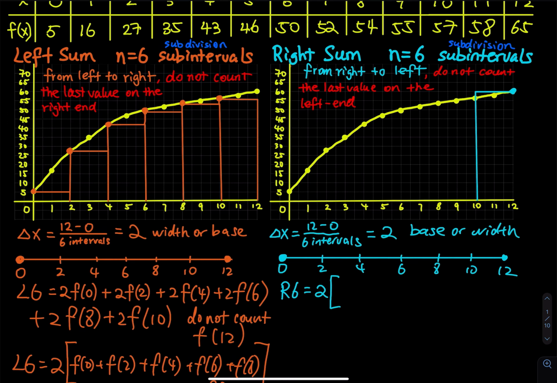And then when x is equal to 10, you are at this point from 10 to 8, straight line, and then you line up the 8. And then when x is equal to 8, we have this point from 8 to 6. Line up the 6. When x is equal to 6, we have this point from 6 to 4, and then you line up the 4. And then when x is equal to 4, we have this point from 4 to 2. We line up the 2.